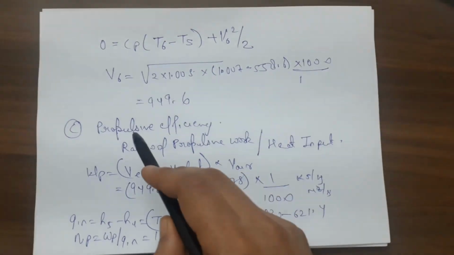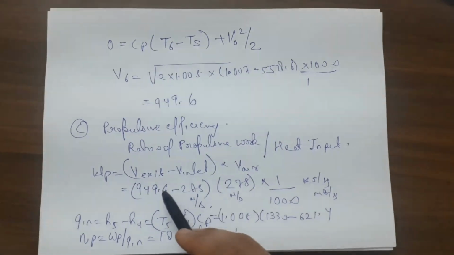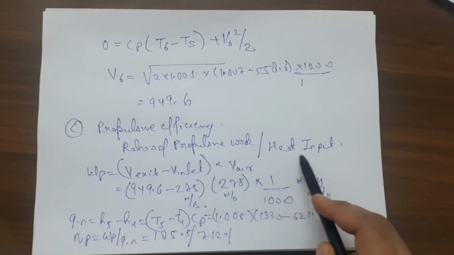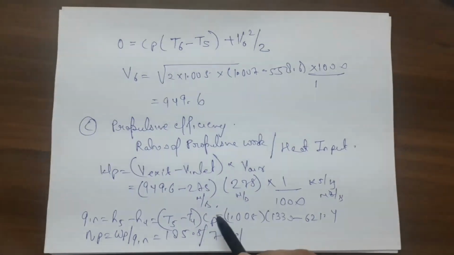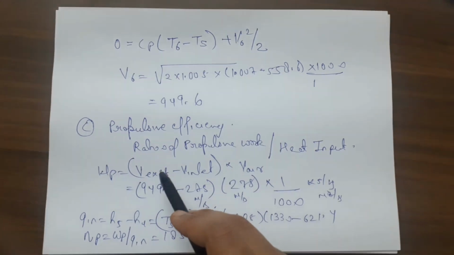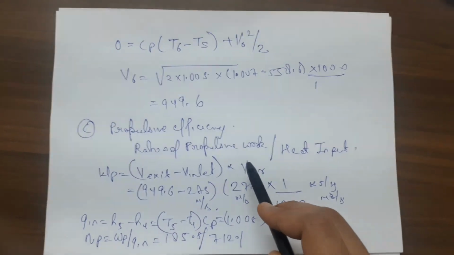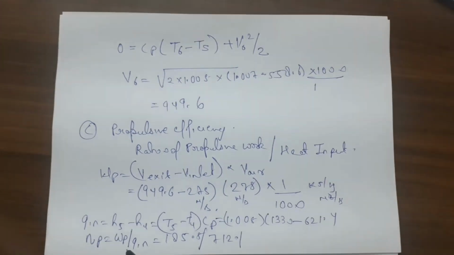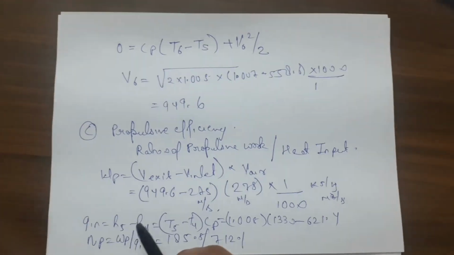Propulsive efficiency was the propulsive work, which is Wp, upon the heat input. We will put the values, and we find the propulsive work, which is equal to the difference in velocity into the velocity of air. Like this we found the propulsive work.